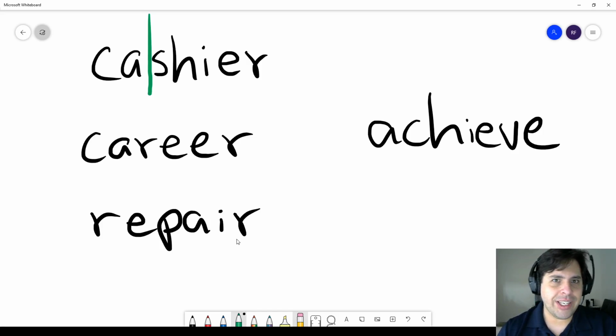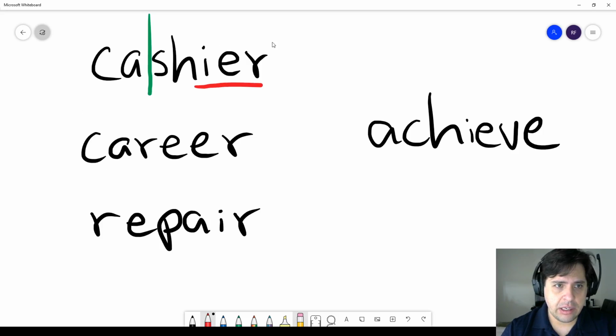Now, is the word cashier or cashier? Which one is it? Well, our emphasis is actually going to be on the last one. Okay? So, our pronunciation is going to sound something like cashier.